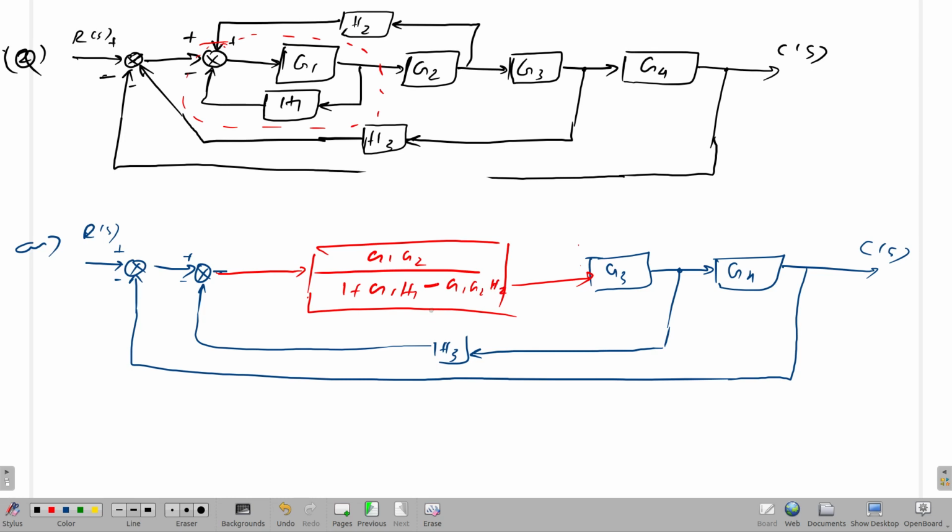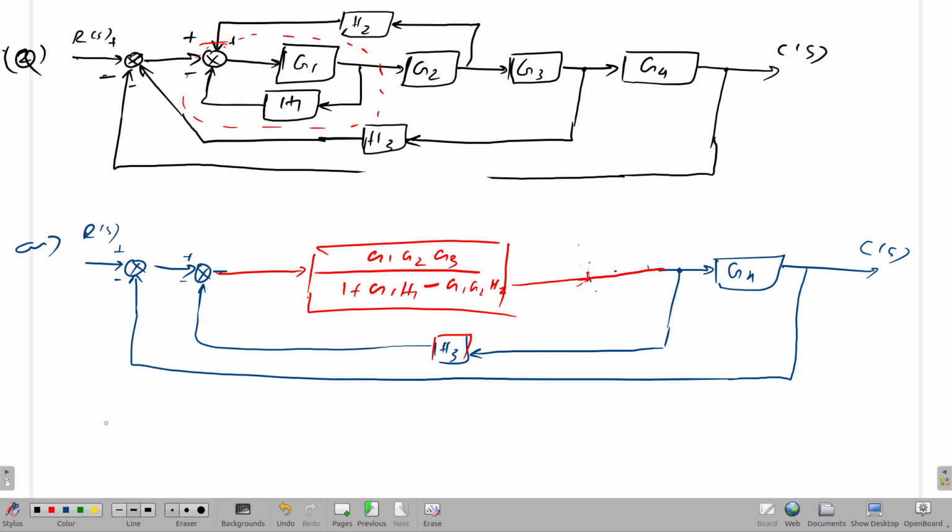Okay, now what do you have to do? You have to cascade it with this one. So G3 will come here, and we can remove this G3. So when you're writing your exam, please do it step by step. Okay, now what do you have here? You have this one with a feedback here. So you have to replace this whole block, right? Then you have to cascade it with this one. Then you have to feedback with this whole thing.